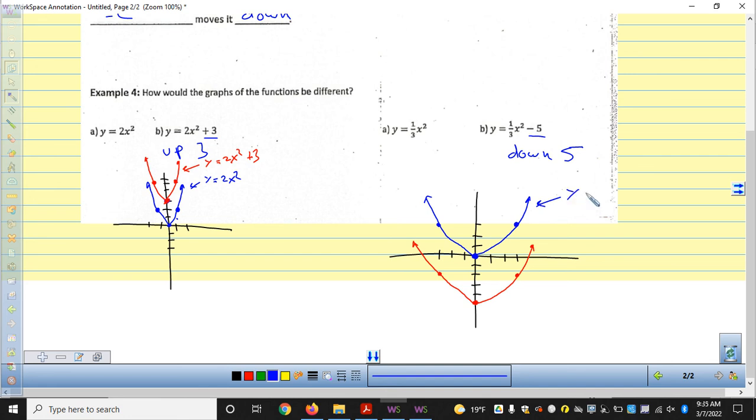And there would be y equals 1/3 x squared minus 5. Everything is just shifted down 5 units. And we can see that this one with the 1/3 is wider than this one with the 2 in front of the x squared.